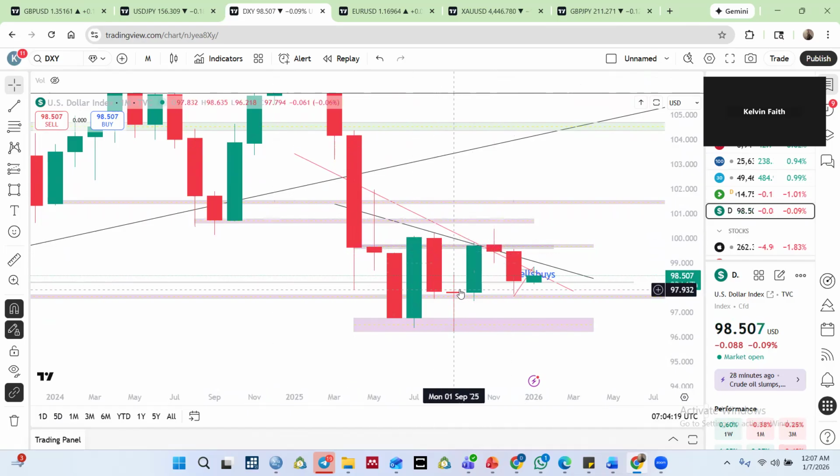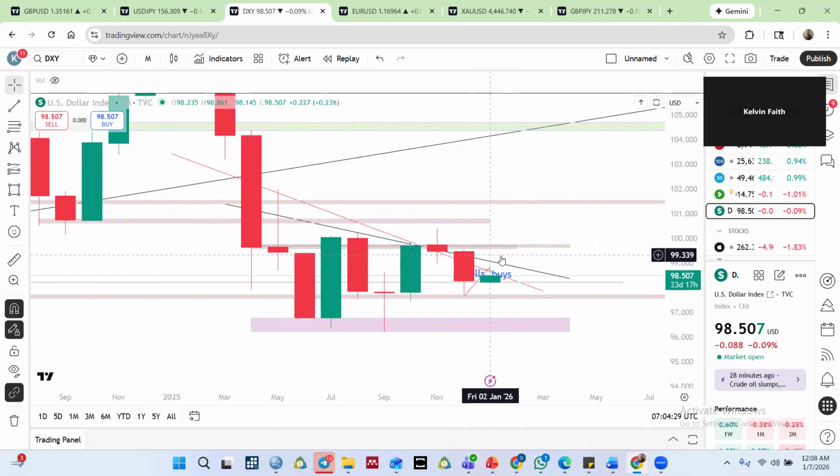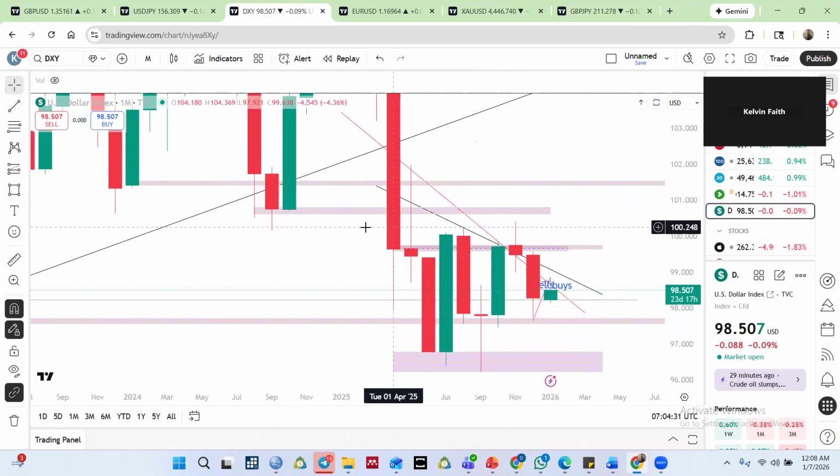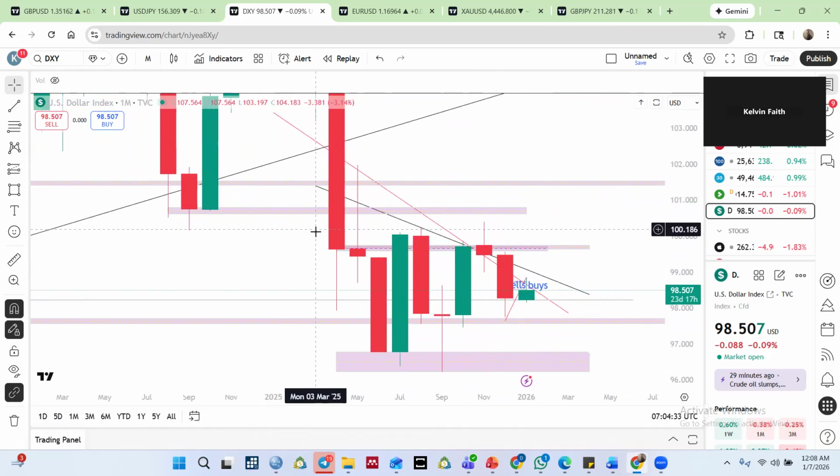So we could see buyers push price up again. We see a doji or indecision, and we see the next month candle sellers push the price down a little bit, like at this area. So we are trading below a support zone right now.